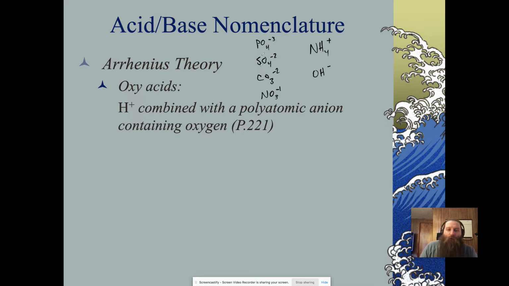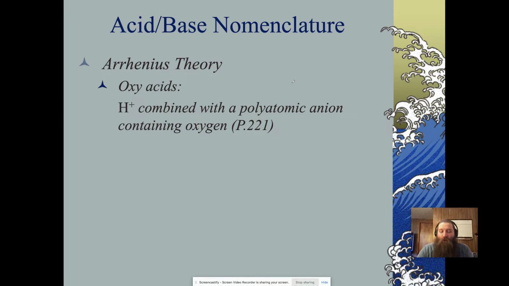So I know back when we did naming, I said, hey, these 6 polyatomic ions you need to memorize. There are a bunch more. You can see some of them on page 221. There's some in my reference materials in Google Classroom. There's a big chart. When you put the polyatomic ions in there and they have that oxygen, you end up with an oxy acid.